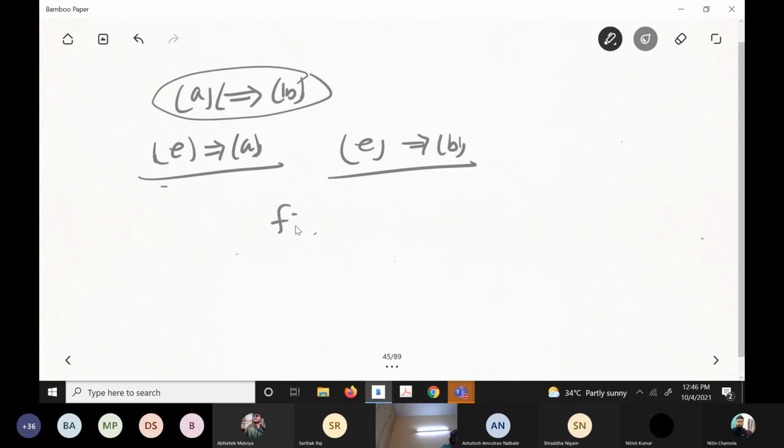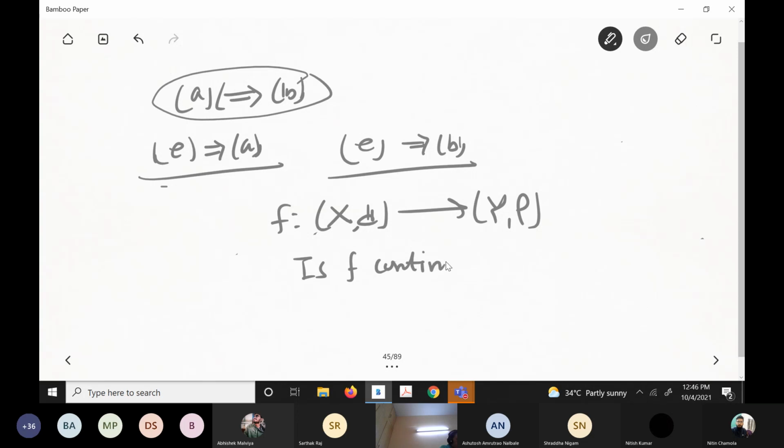Suppose you are given a function between two metric spaces. Your first query should be, is F continuous? Because if F is continuous, you can do many things. If F is not continuous, you may not be able to do many things. So this should be your first query.